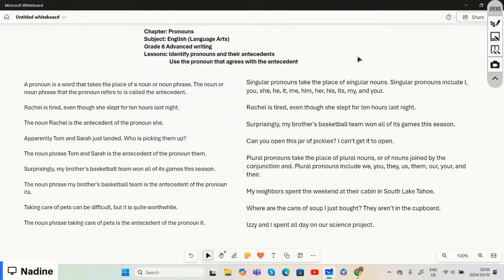All right. So now this is a continuation of our previous lesson also on pronouns, which we are still going to be doing for some time.